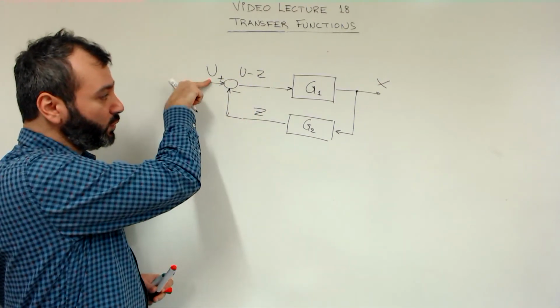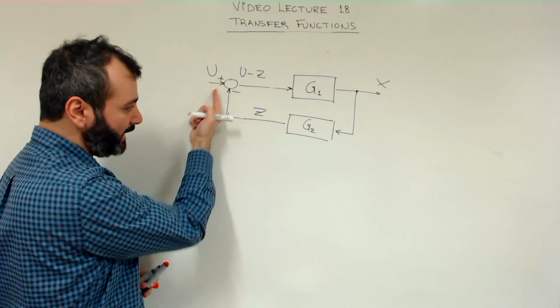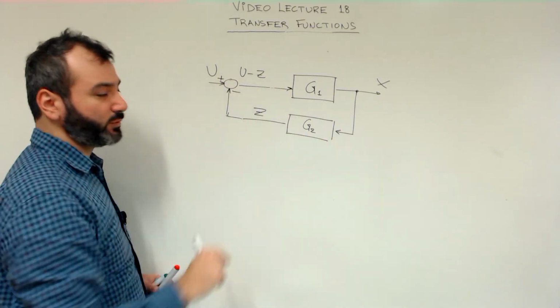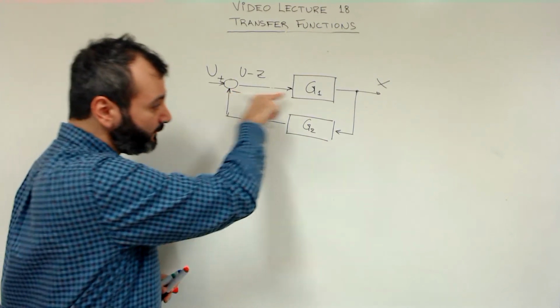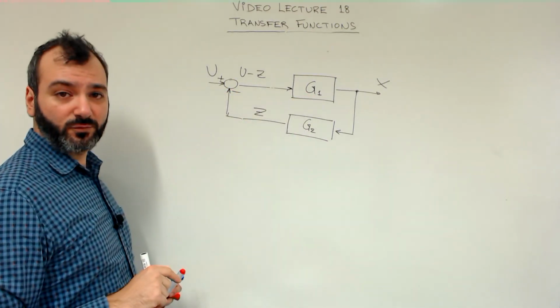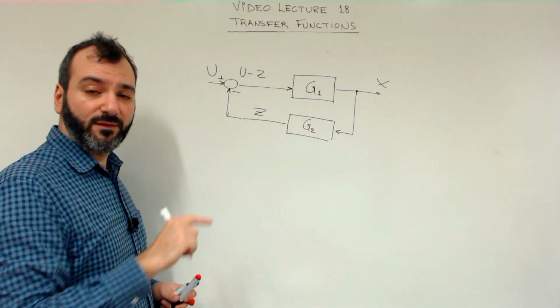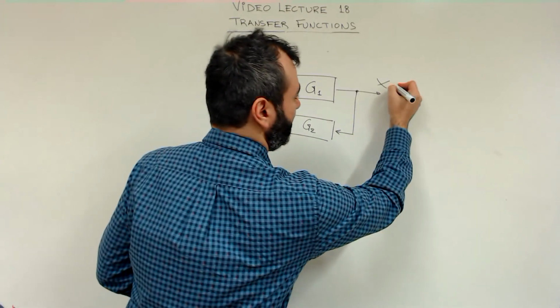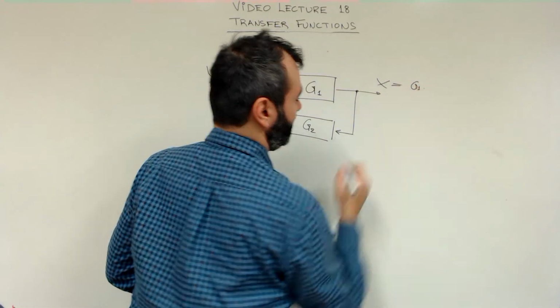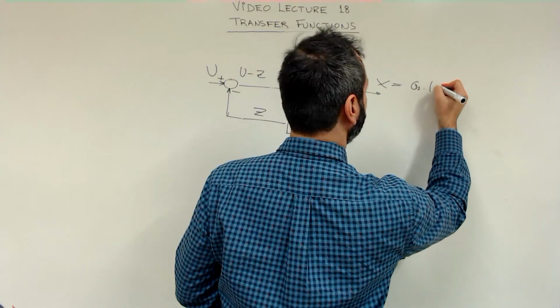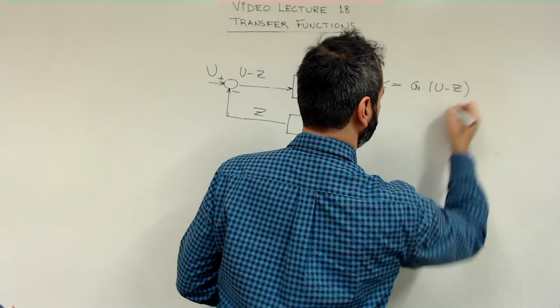So U comes in from this direction, Z comes in from that direction, and we produce U minus Z, which is fed into the system with transfer function G1, and the output of the system is X equals G1 times U minus Z.